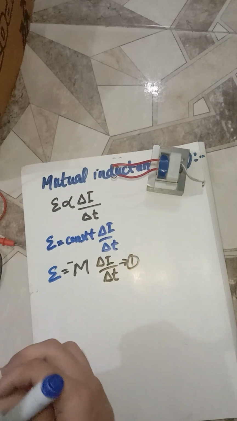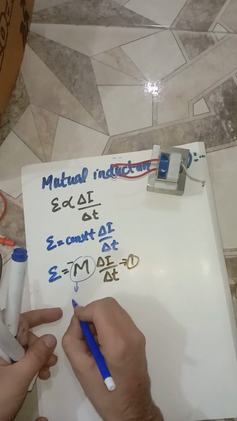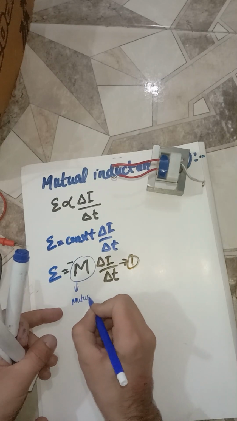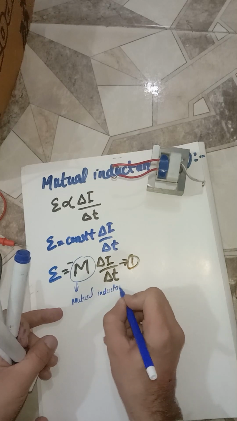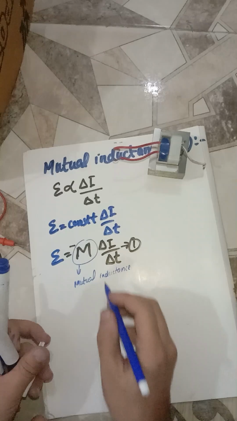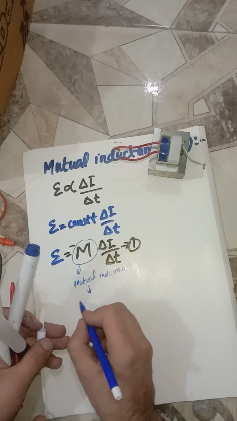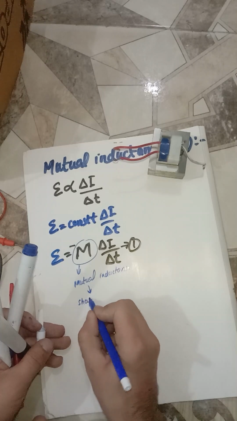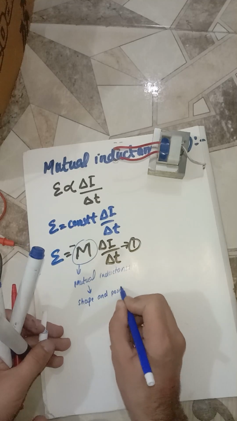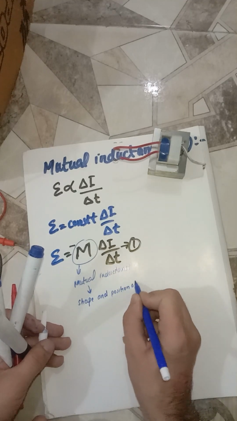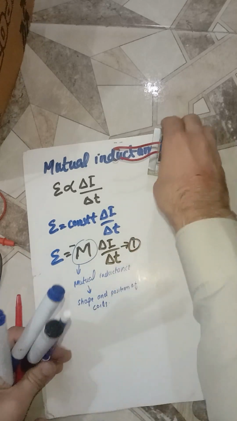Here this M is called the mutual inductance, and it depends upon the shape and position of the coils.